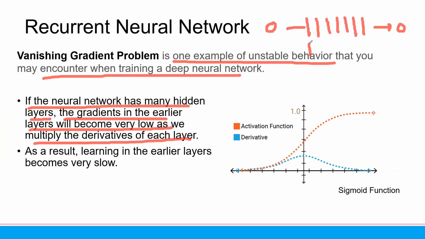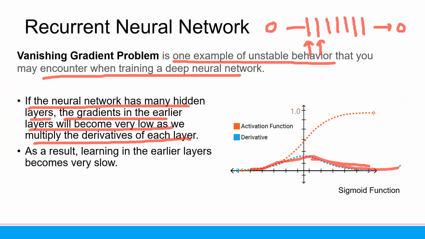So the gradient in this layer will become low, and if it is low, the learning will be very slow, and it will diminish to 0.